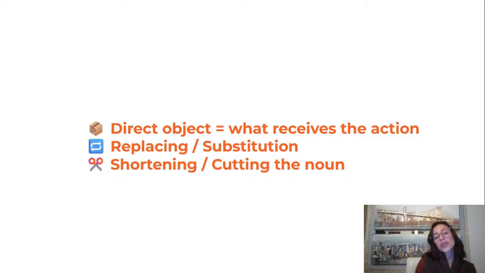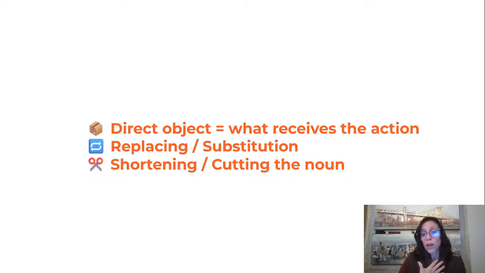When I say it shortens, that means it is not the same. It is shorter if I say "yo la veo" instead of "yo veo a mi hermana" or "yo veo a la hermana." It cuts the noun, or the proper name as well.